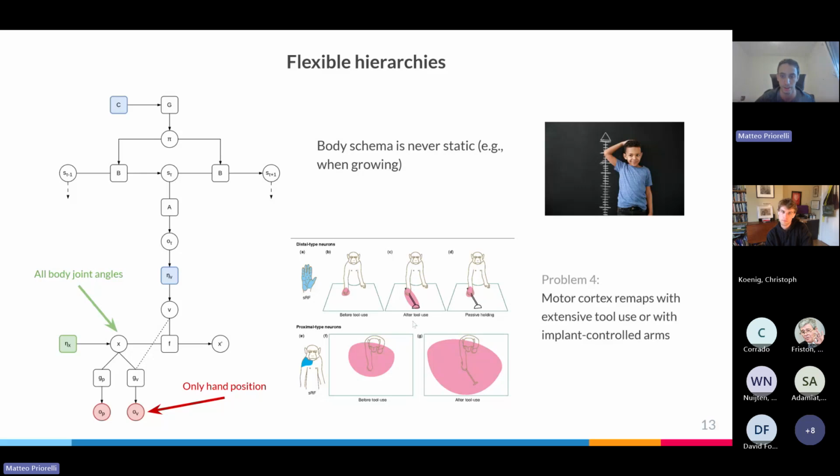Here you see that the representation of the peripersonal space of the monkey brain increases by taking into account the extension of the tool. The boundary between the self and environment actually increases because the monkey is able to predict the consequences of its movements.